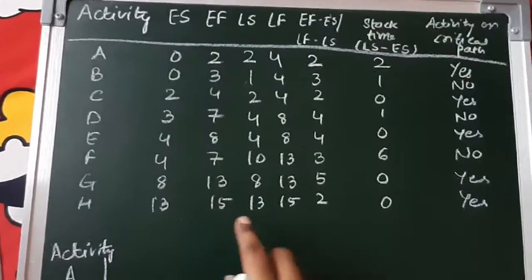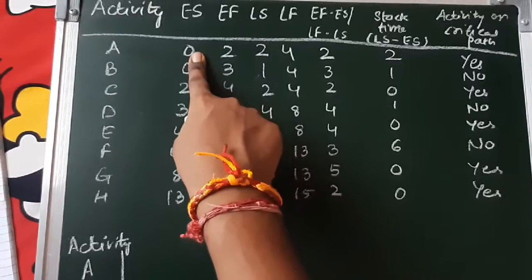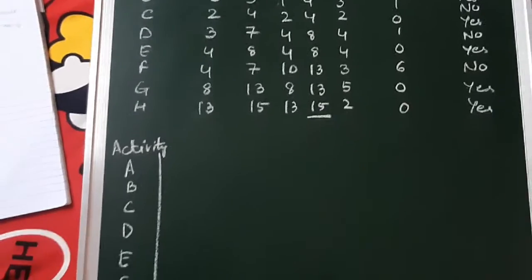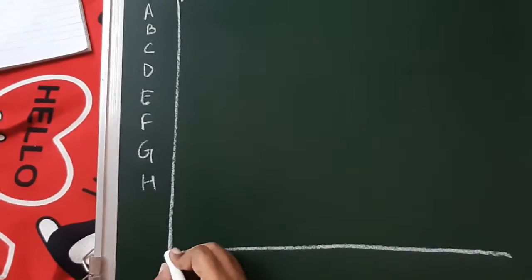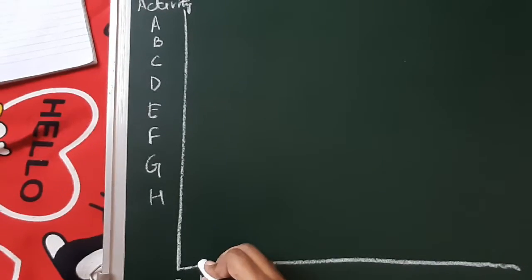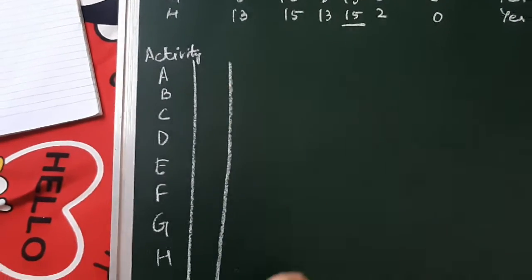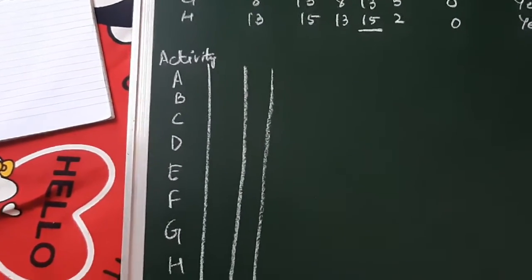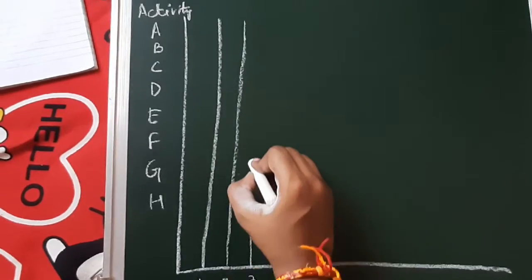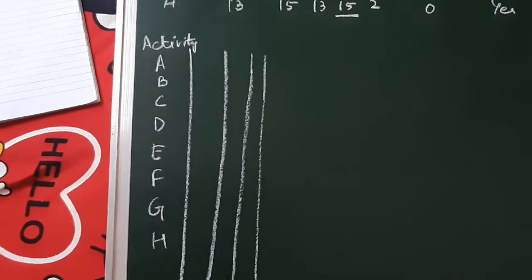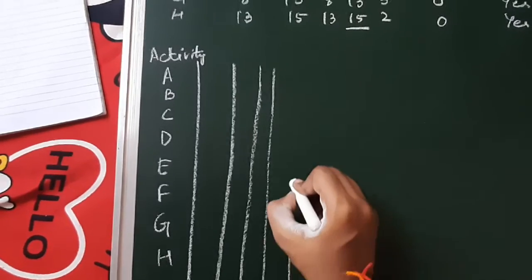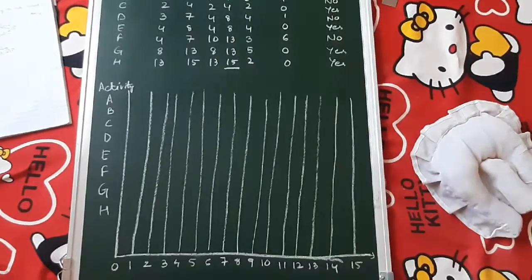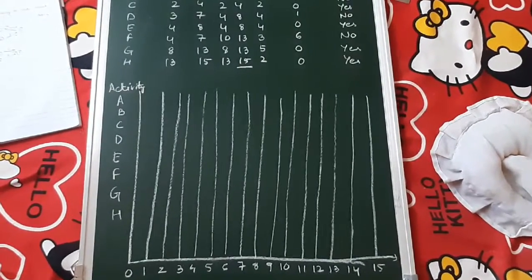Before we do that, we can see the minimum time is 0 and the maximum time is 15. So we have to make the table in such a way. Now it becomes our 0, 1, 2, 3, 4, 5. So here we are ready with the chart.